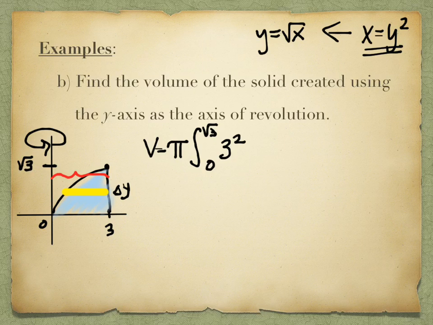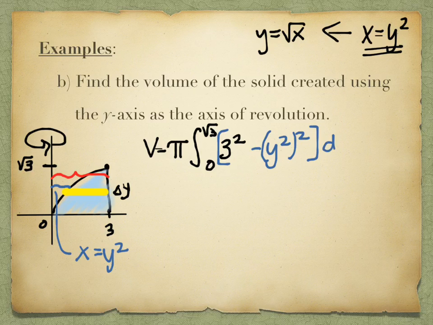My inner radius is this piece right here, just that little blue piece, which is a distance of x. Agreed? And what is my x value? Y squared. So there's where the y squared is coming into play. So this is 3 squared minus y squared squared that we are going to integrate with respect to y.